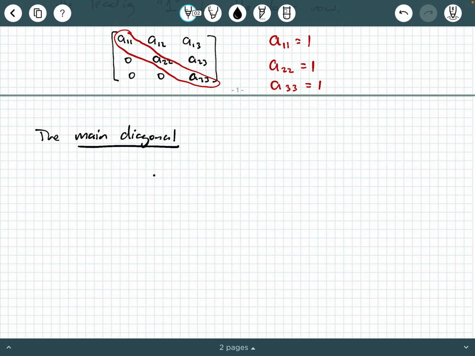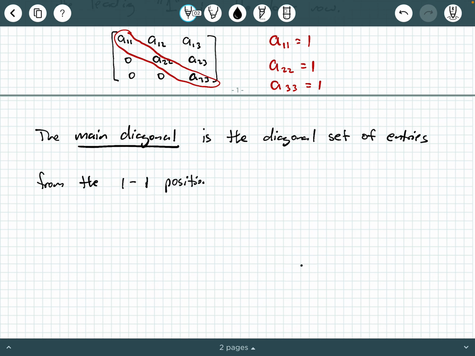The main diagonal is the diagonal set of entries from the 1,1 position to the n,n position, okay?